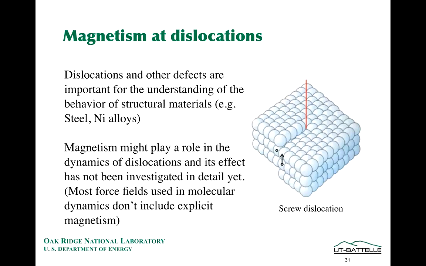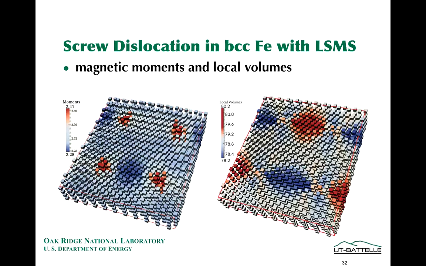So what are the mechanical properties ultimately of things like steels or nickel alloys? And it turns out that since all of these important structural materials also are magnetic, understanding the magnetism at these dislocations is of great importance.